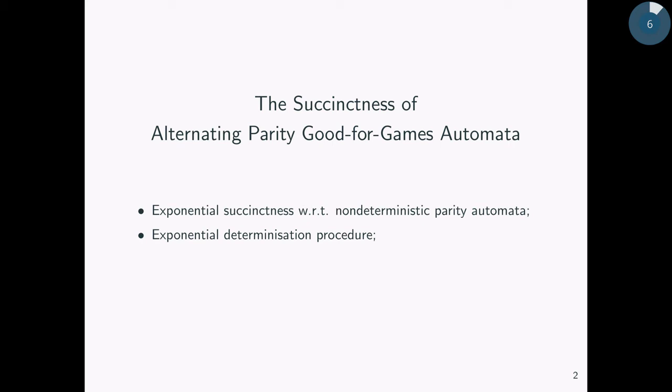We show that this succinctness gap is strict, namely we present an exponential determinization procedure which takes a good for games alternating automaton and turns it into an equivalent deterministic parity automaton with the same parity index, so the same acceptance condition.